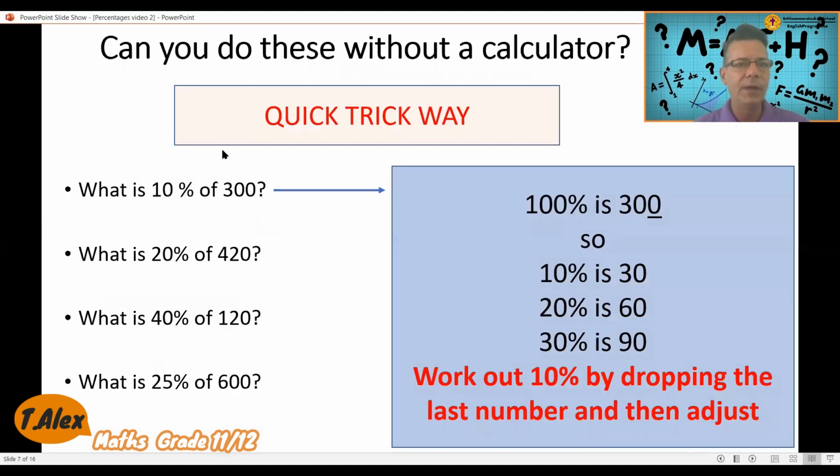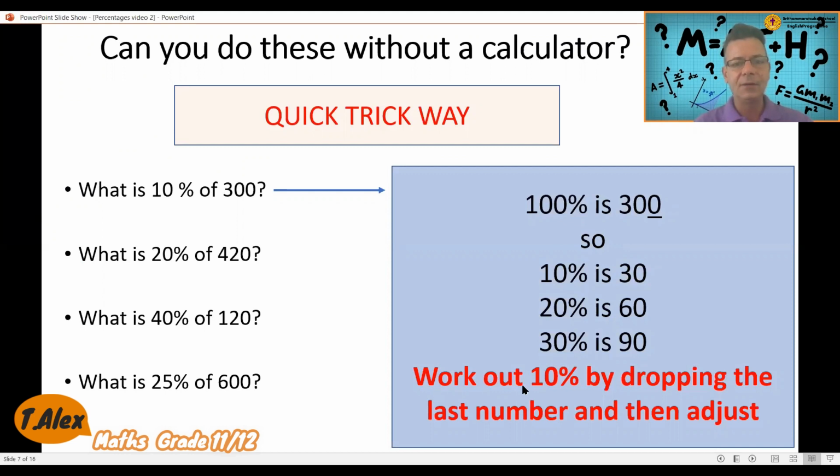Now, the quick trick way. You must look at this number. What is 10% of 300? Well, 100% is 300. To work out 10%, drop the last number. Forget about this 0 here. 10% is just 30.